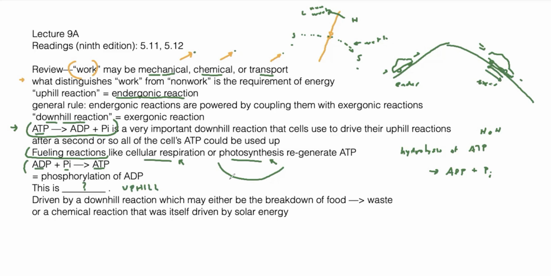And this might either be the breakdown of food, catabolism of food, conversion of sugar into CO2 and water, okay? Like waste, right? Or in the case of photosynthesis, you've got solar energy that's driving a chemical reaction that leaves us with another loaded spring. You end up with a highly energetic reaction that can move forward spontaneously and thus drive the synthesis of ATP.